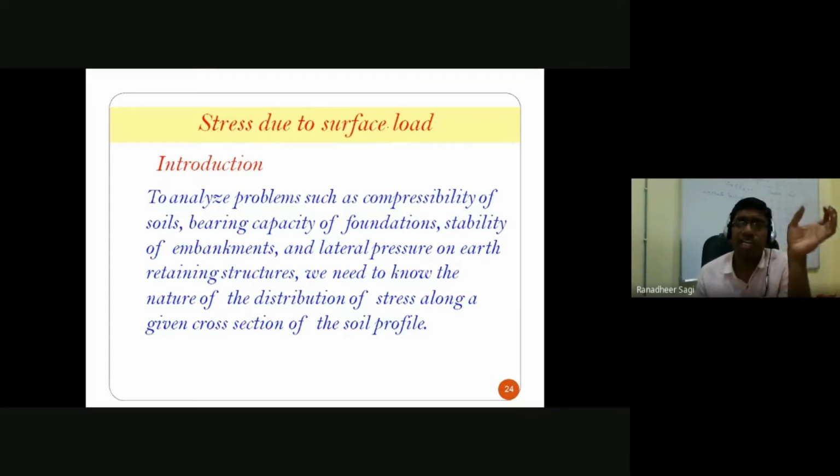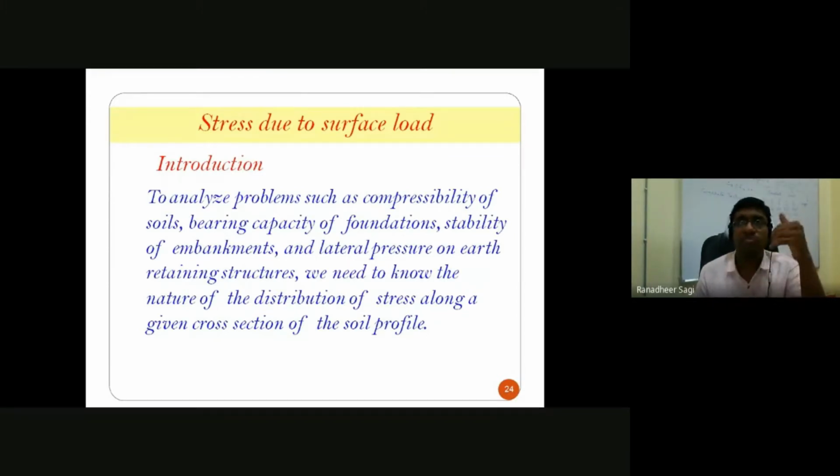Not just confined to these few problems, but in the majority of cases wherever you have an external loading or a superstructure existing, you will see loading coming from that structure onto the soil strata, in addition to the existing self-weight of the soil.